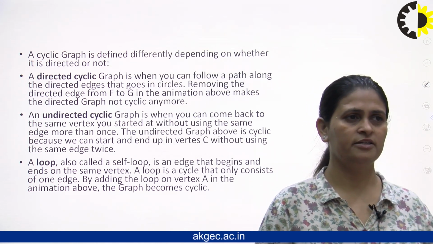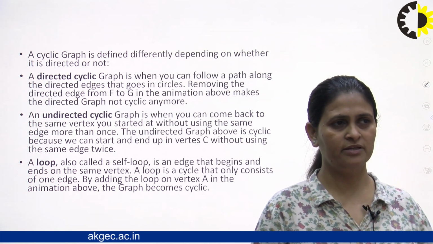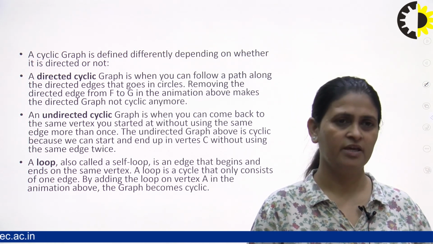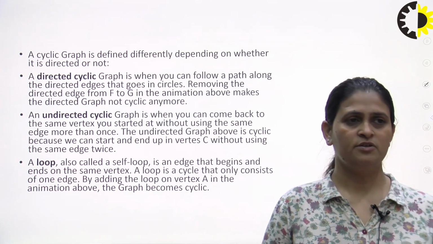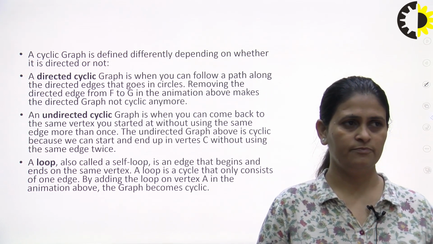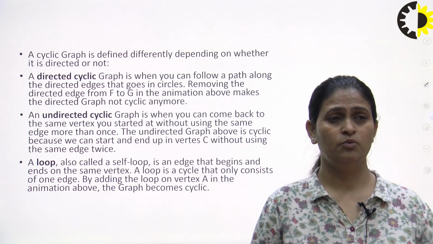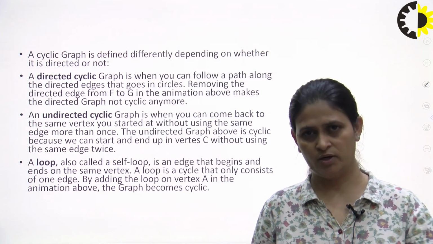Removing the directed edge from F to G in the animation makes the directed graph no longer cyclic. An undirected cyclic graph is when you come back to the same vertex you started at without using the same edge more than once.